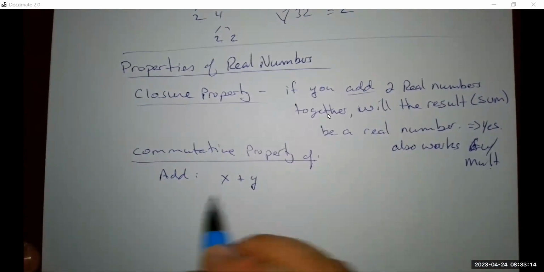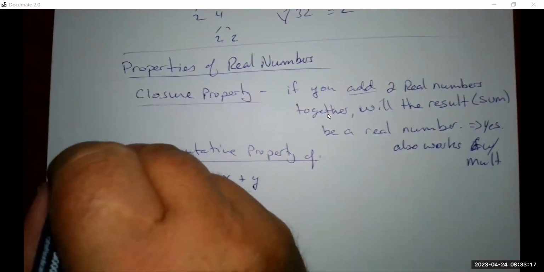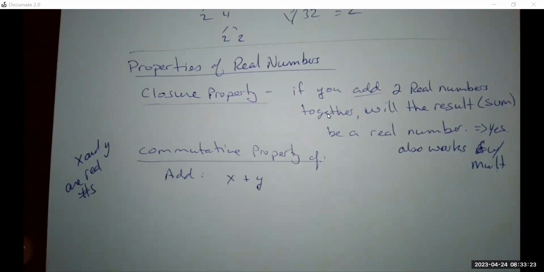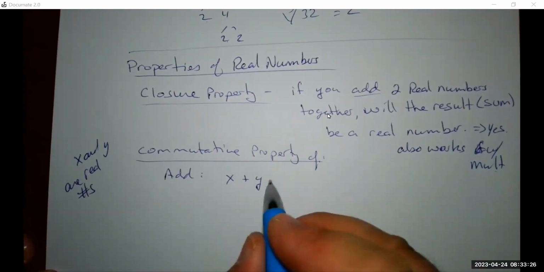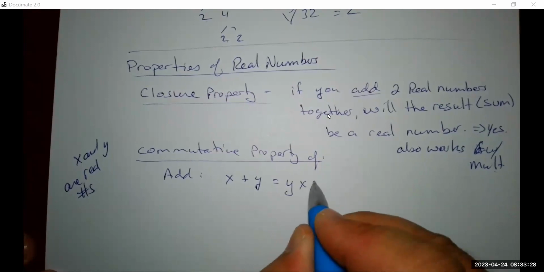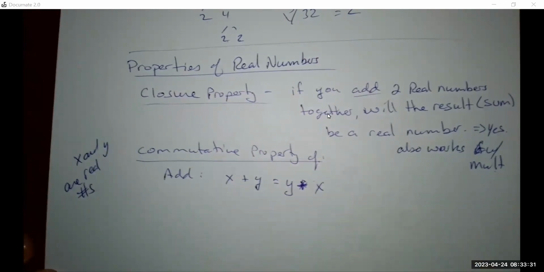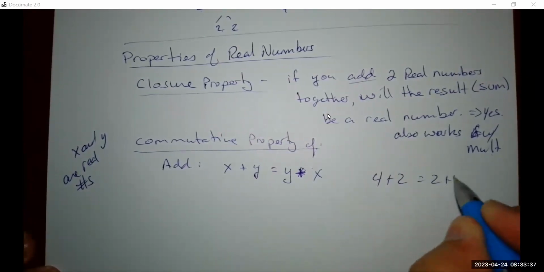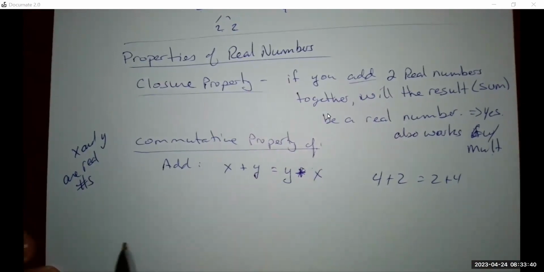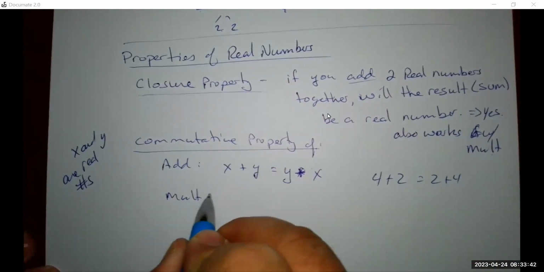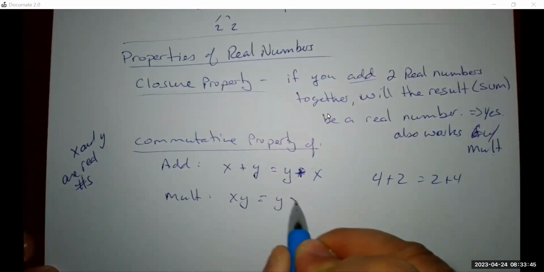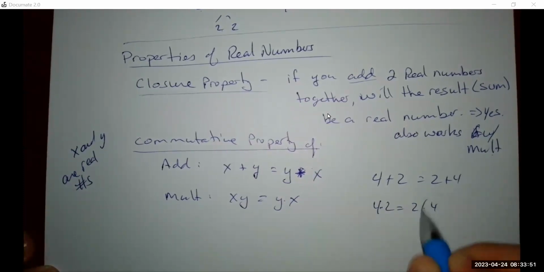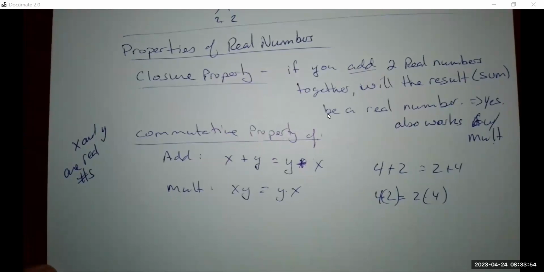If you have two real numbers, so first I would say X and Y are real numbers, will you get the same thing if you move them around? Yes. 4 plus 2 equals 2 plus 4. They're both real numbers. With multiplication, X times Y equals Y times X. 4 times 2 equals 2 times 4. They both equal 8.